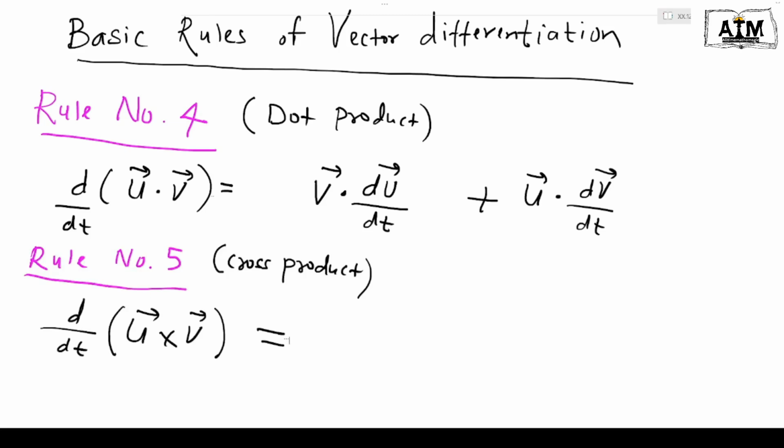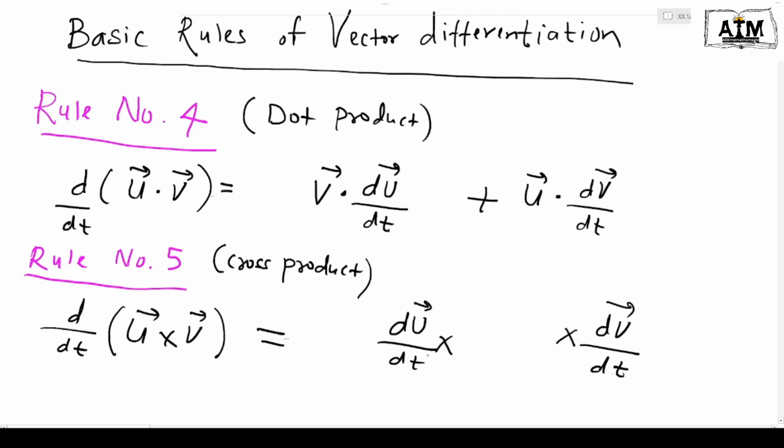Next rule is related to the cross product. Derivative of cross product of vectors. Here are the two vectors, vector u and vector v. First of all, you write down derivative of vector u with respect to t, and here is the derivative of vector v with respect to t. After that, write down cross here, and here is the cross.